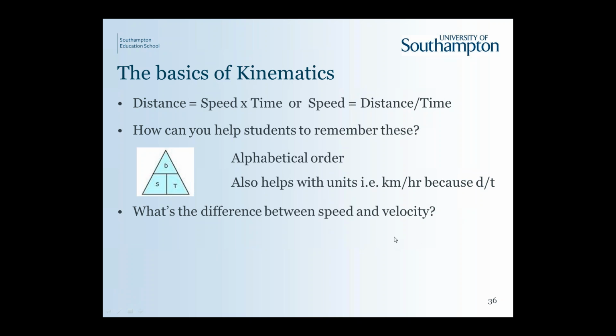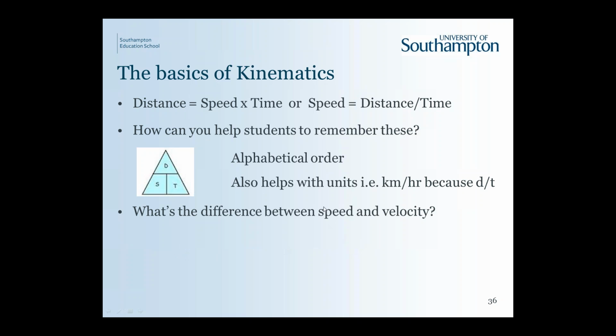Now, generally, when we are talking about something in these questions, more often than not, they are actually talking about the velocity. They're talking about a car going along a road, so it's in a particular direction at a certain speed.